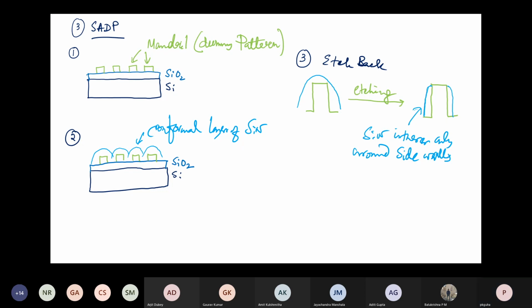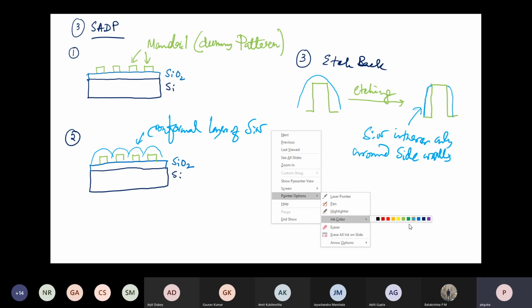Then you strip the dummy pattern. Okay, then you strip the dummy pattern.